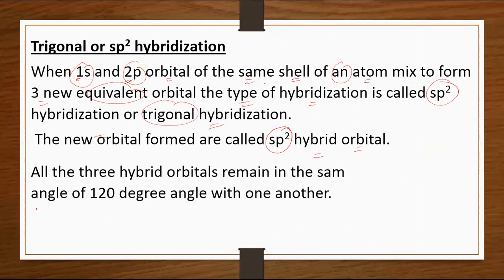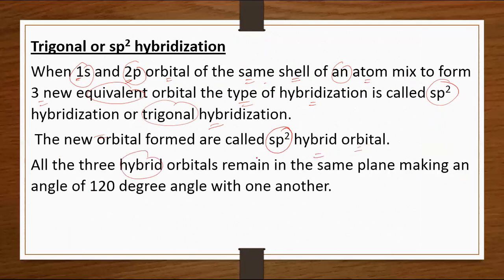All the three hybrid orbitals remain in the same plane, making an angle of 120 degrees with one another.